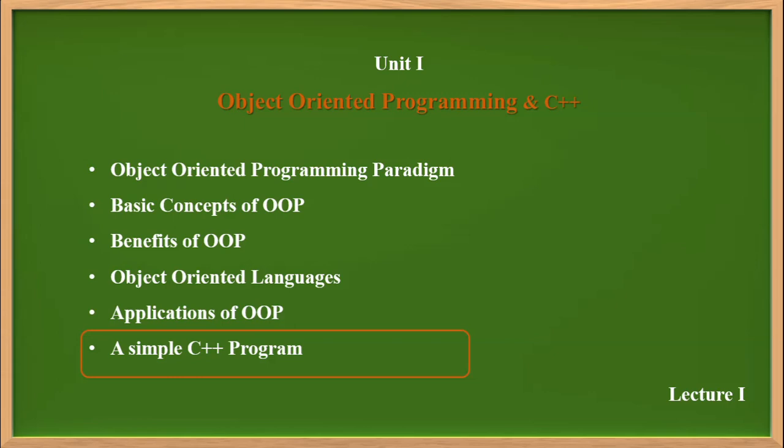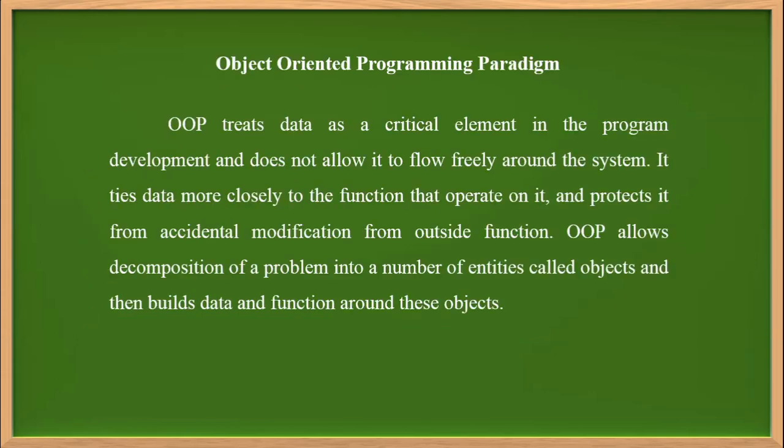First of all, we will see the object-oriented programming paradigm. Object-oriented programming treats data as a critical element in the program development and does not allow it to flow freely around the system.